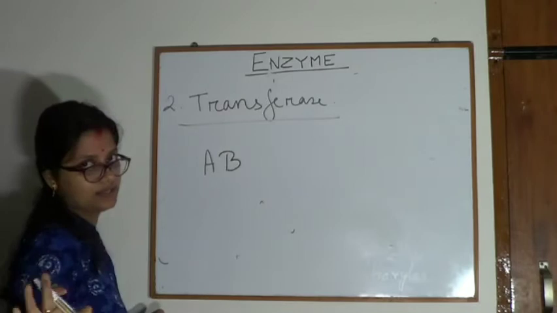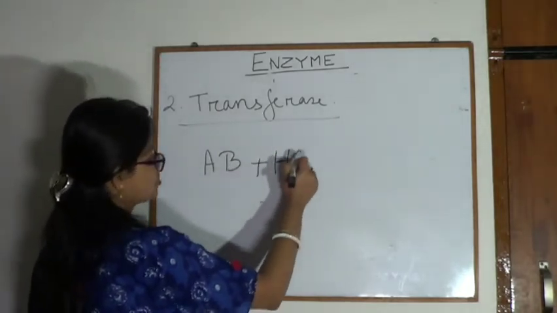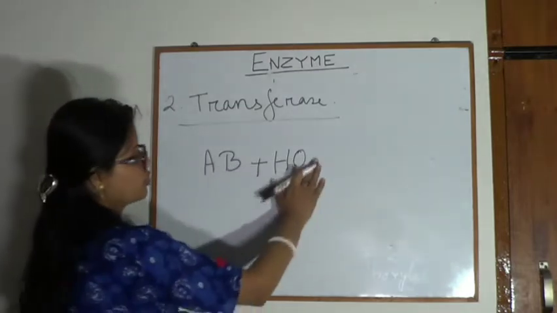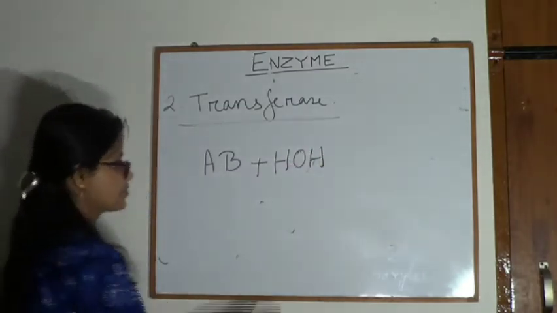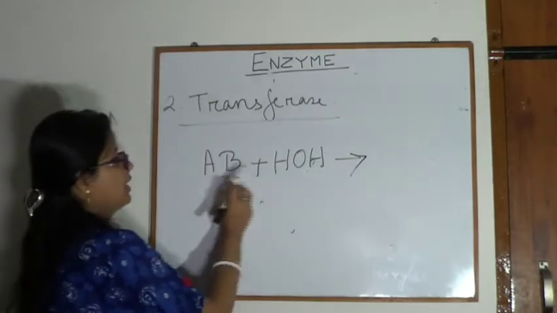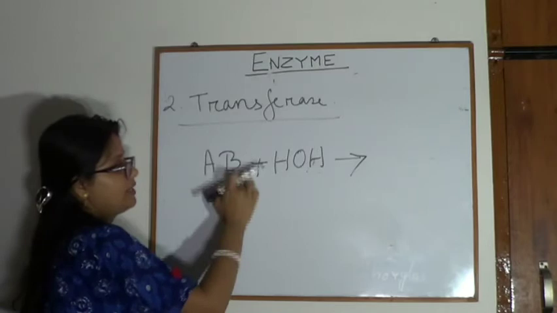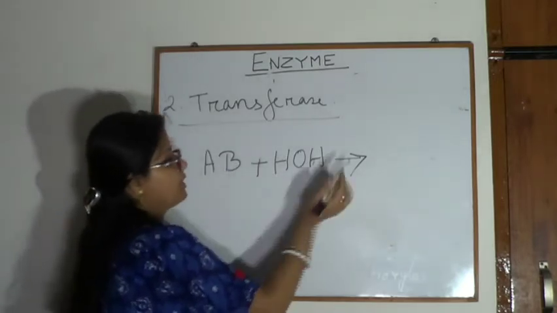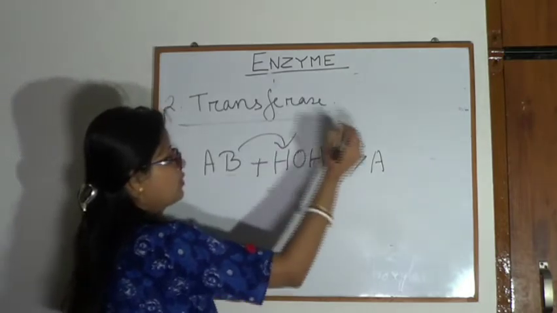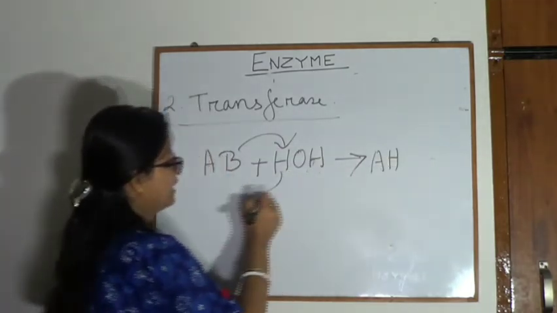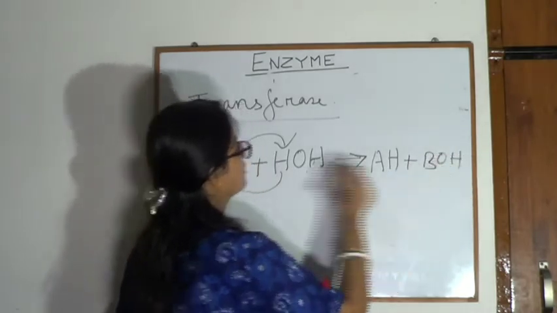AB is a substrate, then HOH. B is a group; AB is a substrate, B is removed, B is transferred, and H is placed on A. AH plus BOH.